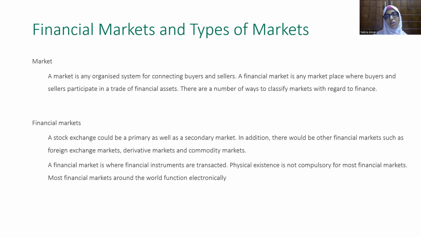So first, we'll be talking about financial markets and types of markets. So what is a market? A market is basically any kind of organized system which connects a buyer as well as a seller. So a financial market is a market where buyers and sellers trade in financial assets, like any type of financial securities.